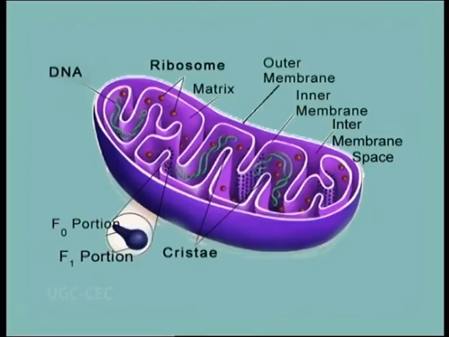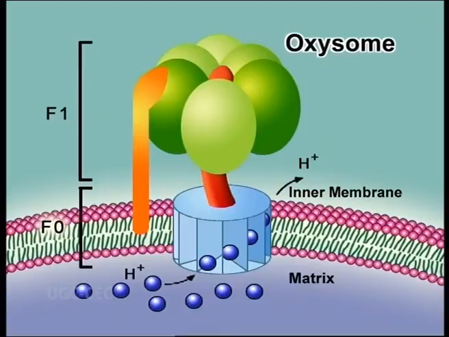This ratio is variable, and the mitochondria from cells that have great demand for ATP, such as muscle cells, contain even more cristae. These folds are studded with small round bodies known as F1 particles or oxysomes.